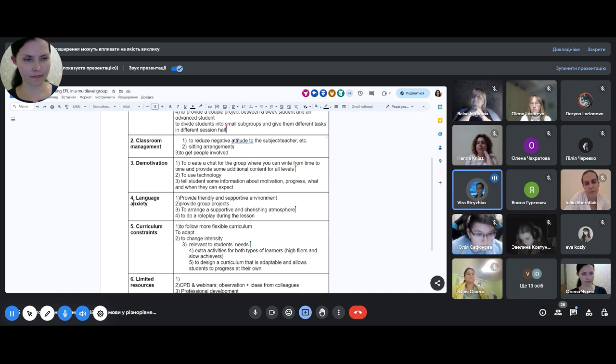For example, cartoons or animations can make even complex topics more engaging and understandable for students, and they also can be partially useful for visual learners. So different kinds of content, not necessarily cartoons.